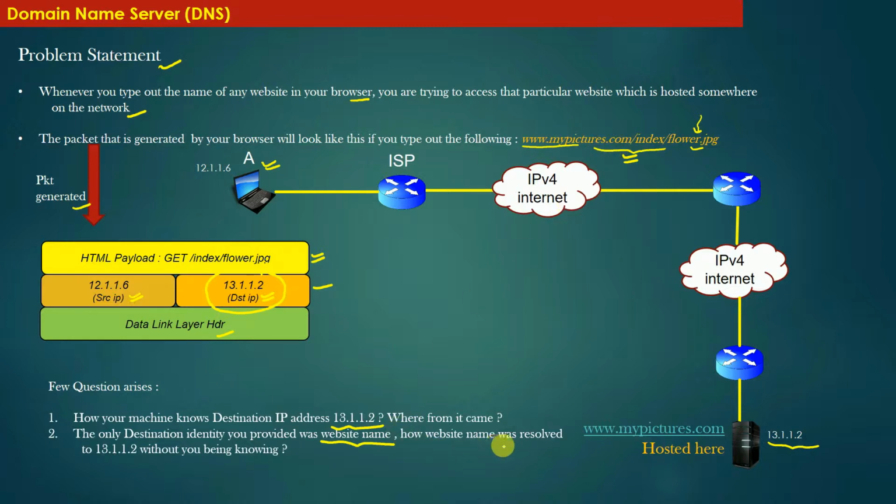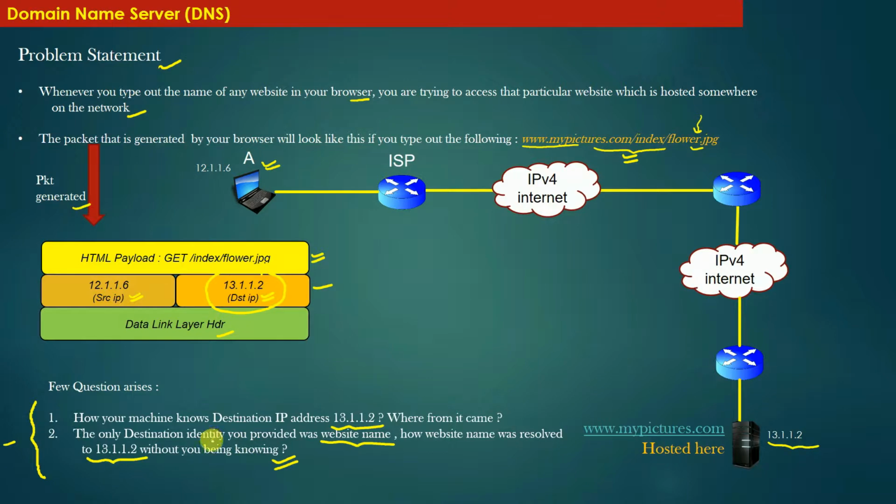How was this website name resolved to the IP address 13.1.1.2 without you knowing, right? All you do is access the website by typing the website name in your browser. You never care on which server that website is hosted, and you are able to access that website comfortably.